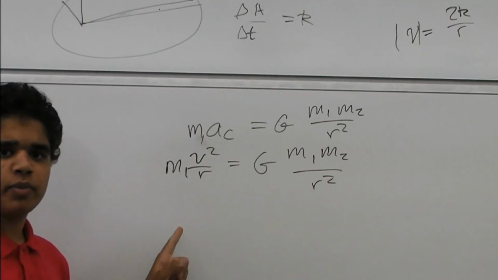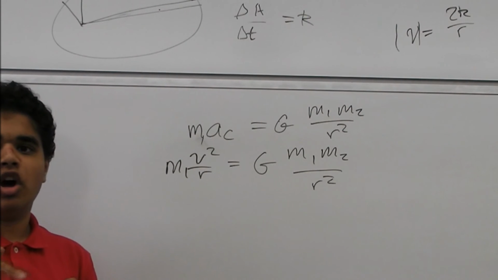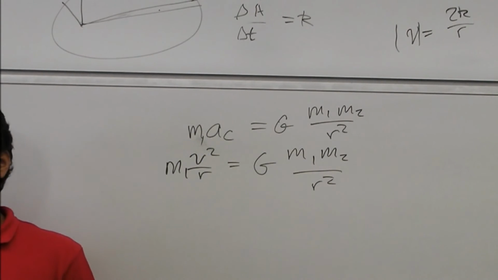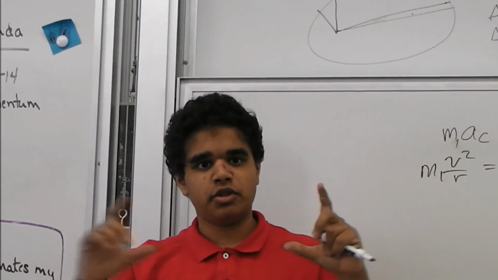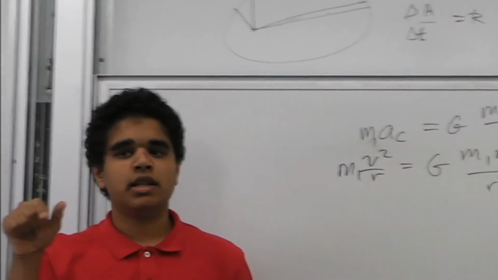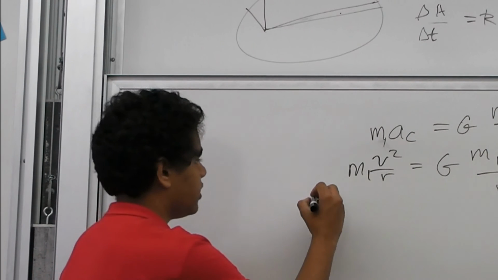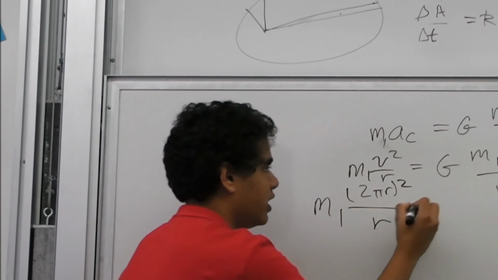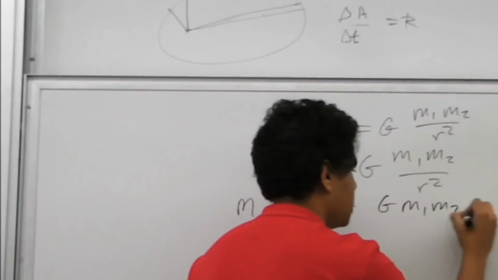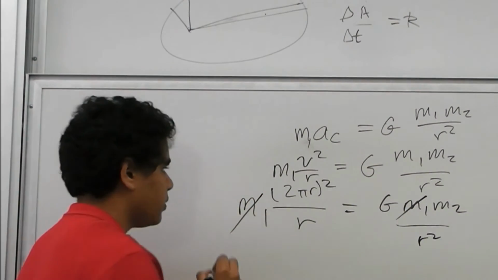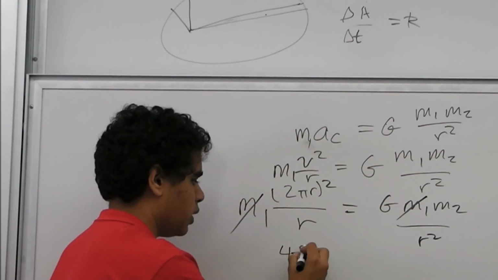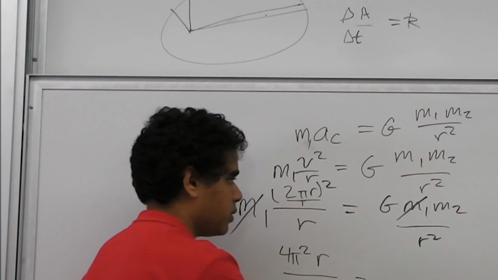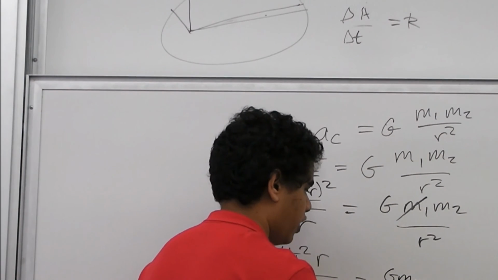And then we can plug in, for velocity, 2 pi R over T, because if it's a circle, it will go around a distance of 2 pi R, the perimeter, divided by the time it takes, the period T. So then we end up with M1 (2 pi R) squared over T squared over R equals G M1 M2 over R squared. So we end up with 4 pi squared R over T squared equals G M2 over R squared.